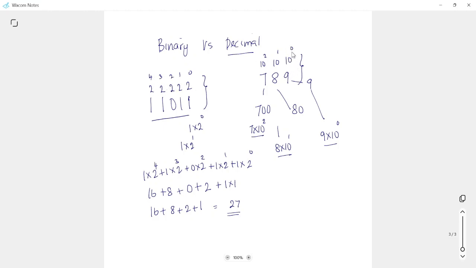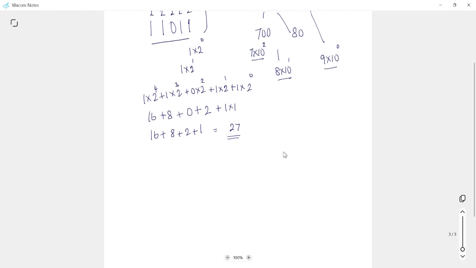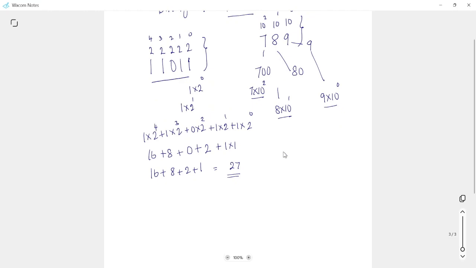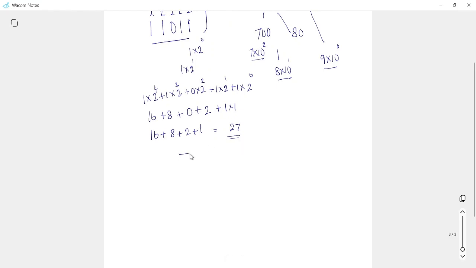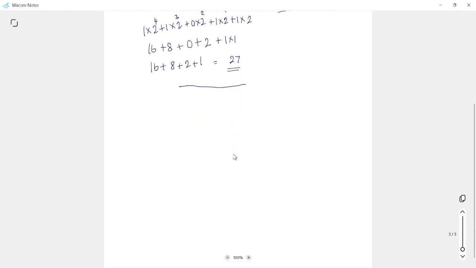Just like we have the same in the place value for the decimal: 0, 1, 2, 3, 4, and so on and so forth. So we had an example where we took a number and converted it to decimal value. Before we go deeper on that, let's look at how to convert a decimal number to binary number. Decimal to binary conversion.